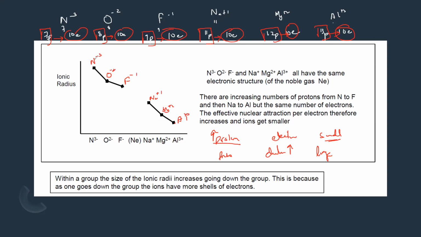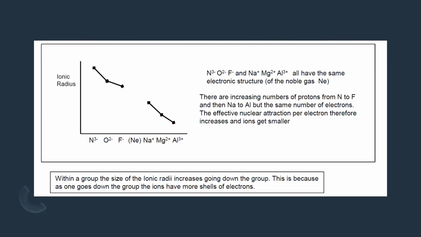This graph shows the comparison of size for the isoelectronic structures. Basically it's a comparison between proton and electron. If the proton number is greater, the nuclear charge is greater, so the size will be smaller. But if the electron number is greater, it means weaker attraction towards each electron, so the size will be larger.